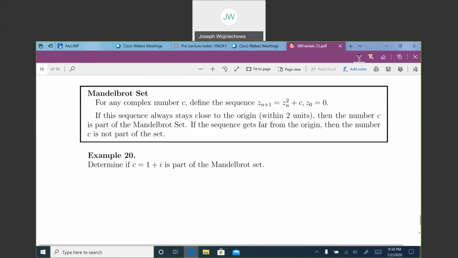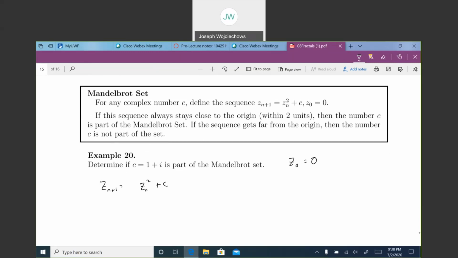So, a Mandelbrot set: for any complex number C, we define the sequence Z sub n plus 1 is equal to Z sub n squared plus C. We define Z sub 0 as 0.